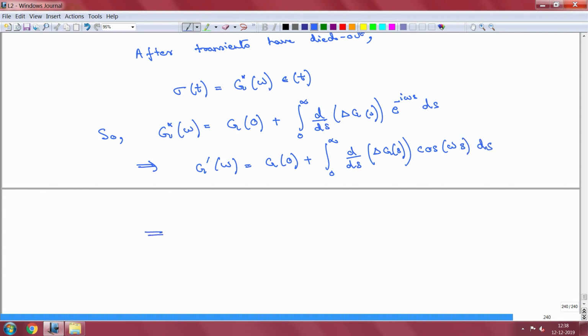And similarly, just by comparison, you know that the g double dash can be written as minus integral 0 to infinity d by ds of the delta g s, and I do not know this particular form because this delta G has not been given to me. Okay, so we will leave it at this, but this is exactly what we are after, right.